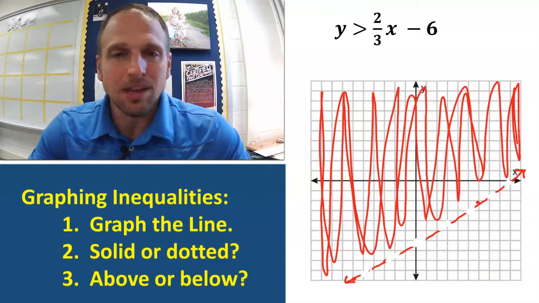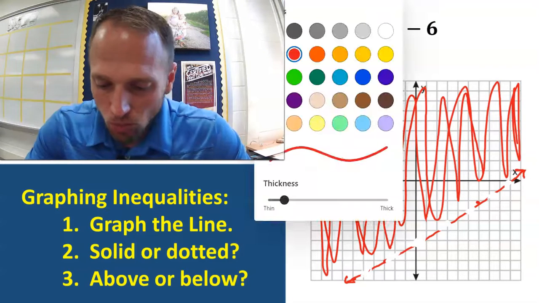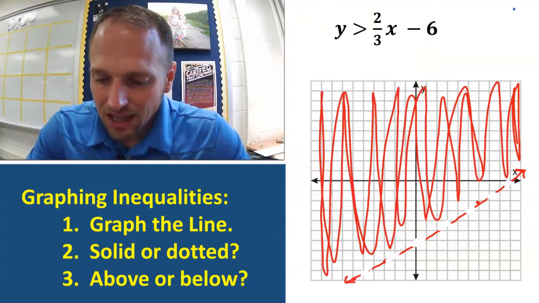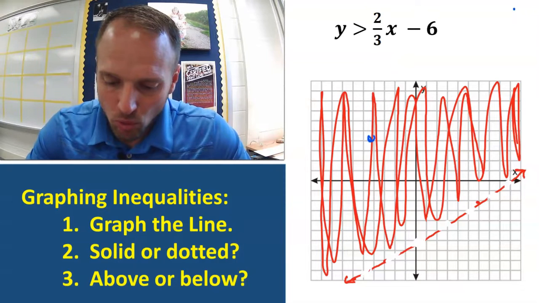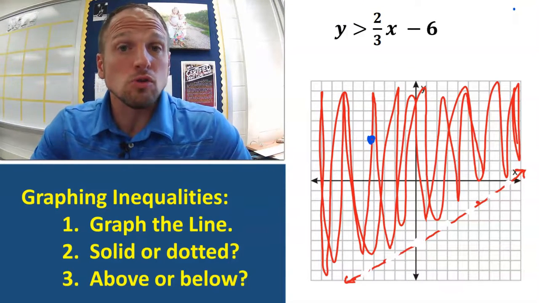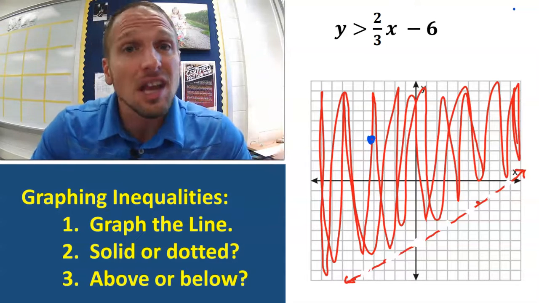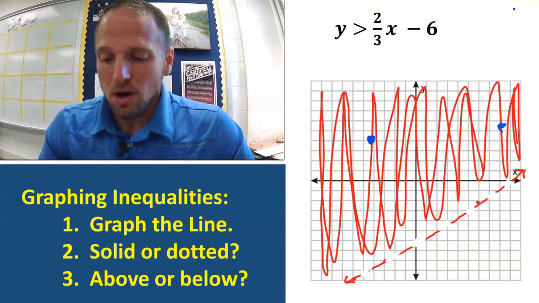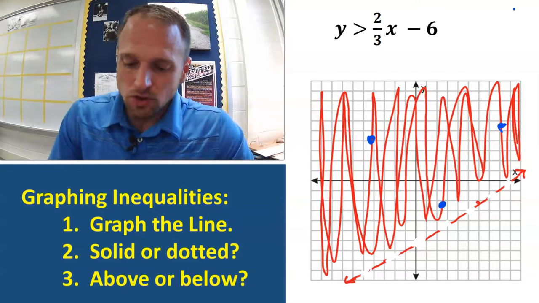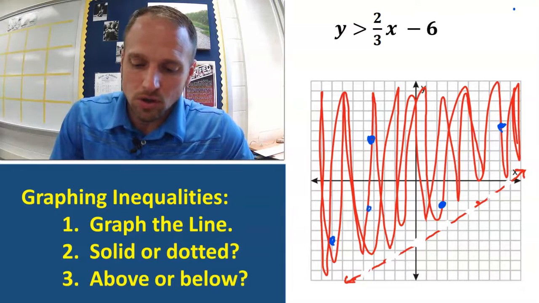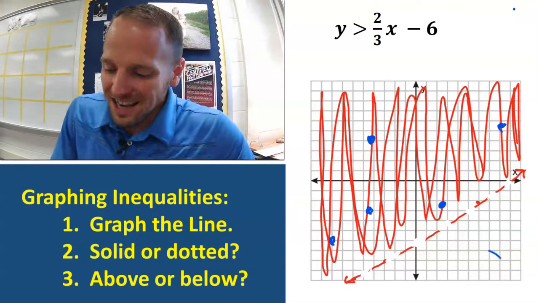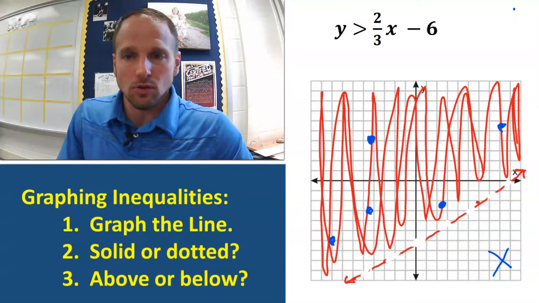And what that means is every single point above that line is a part of our solution. Like this blue point right there, that's a part of the solution. If you plug those x and y's in to that inequality, it's going to be true. Over here, part of our solution, not a part of our solution, okay?